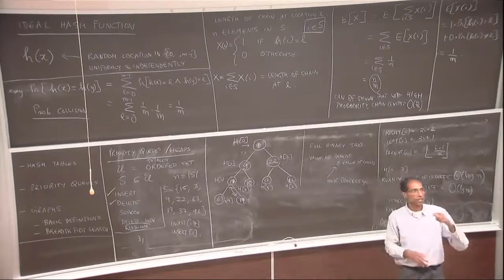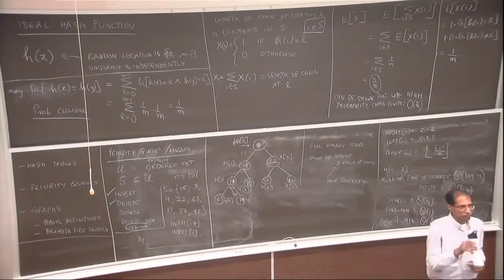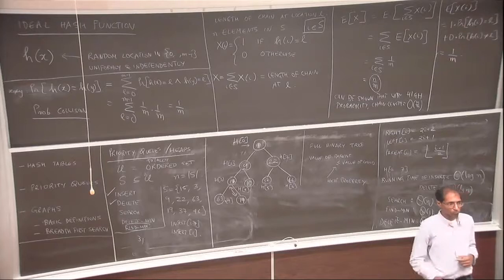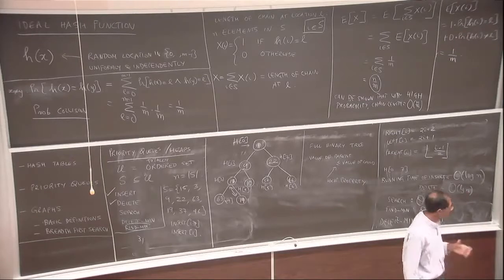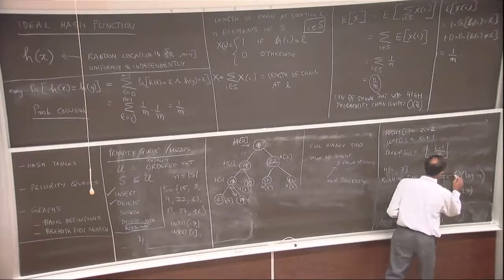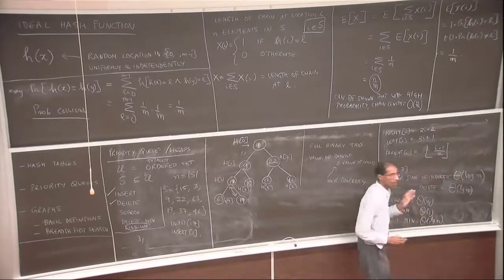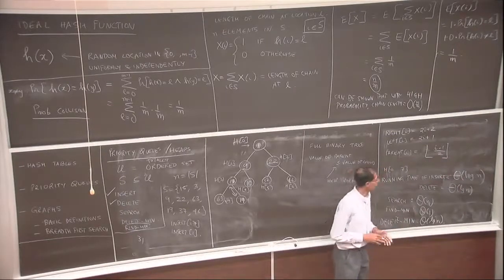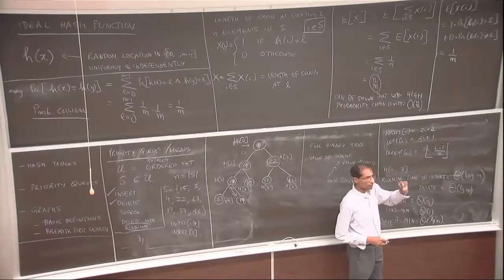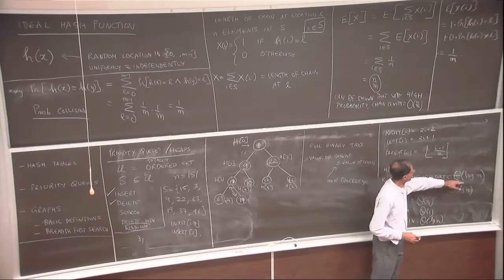Any more questions? Yeah. Could you repeat why the running time of insert and delete is big O of log n and not theta log n? You could put theta log n. Absolutely. I'll emphasize the following thing. What does this mean?